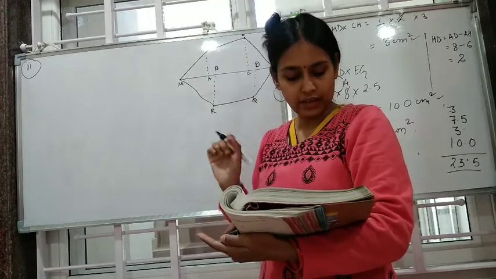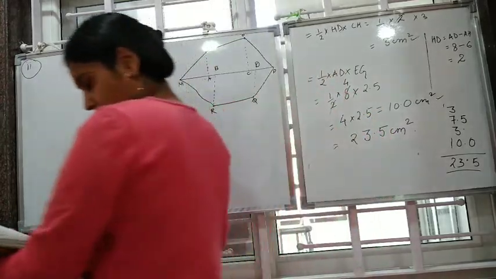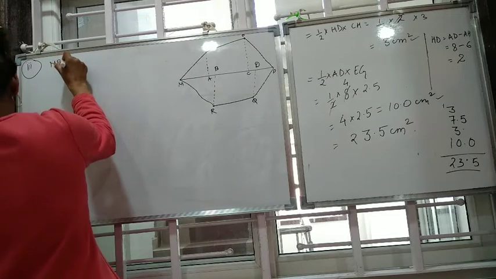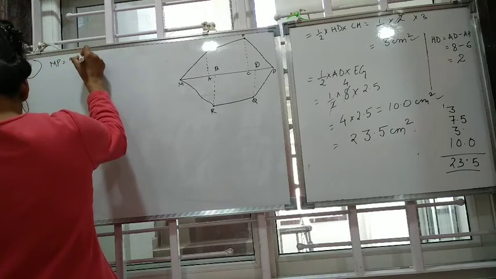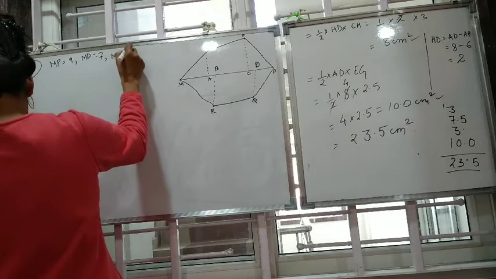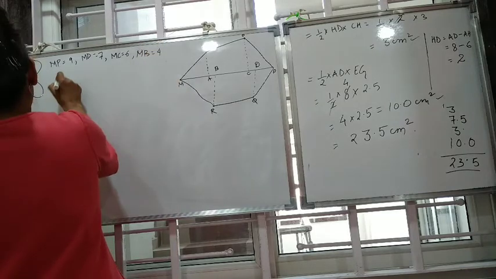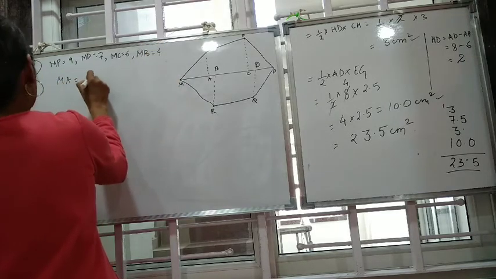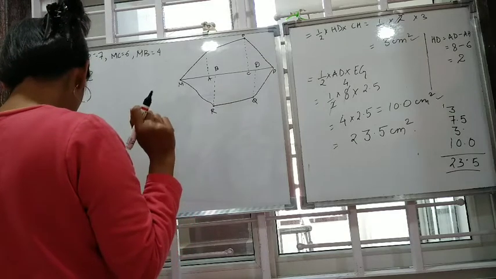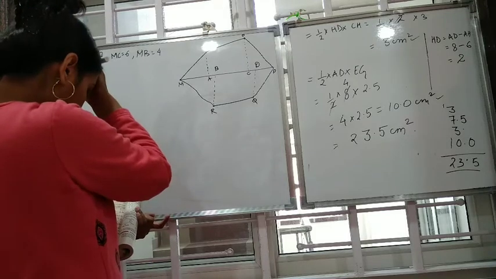Okay, the things given: MP is given, and I'm writing it here, children, so that I can keep the book. MP is equal to 9, MD is equal to 7, MC is equal to 6, MB is equal to 4, and MA is equal to 2, and NA, OC, QD, RB are the perpendiculars to the diagonal MP.